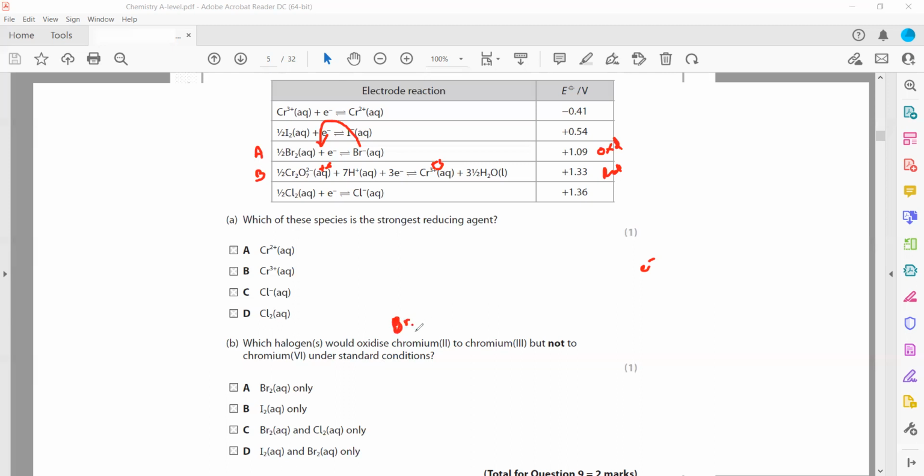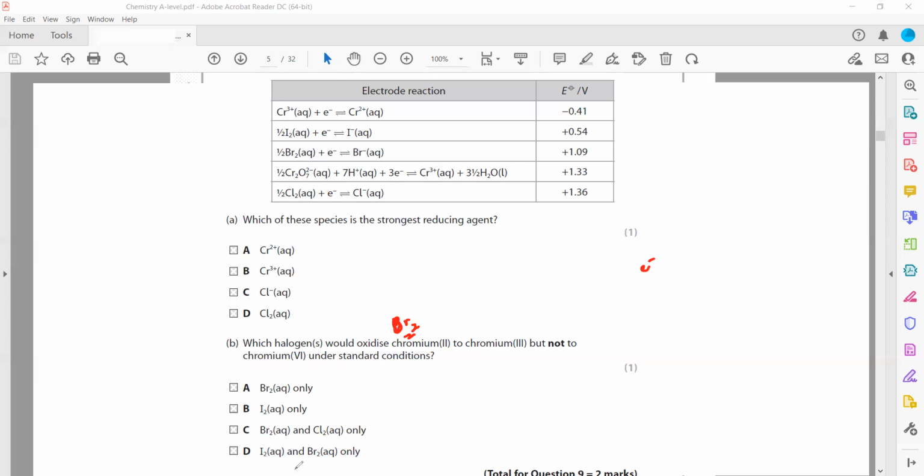Now same thing, we will check whether it is valid for chlorine or iodine. The chlorine option is only one option, most of them are bromine.